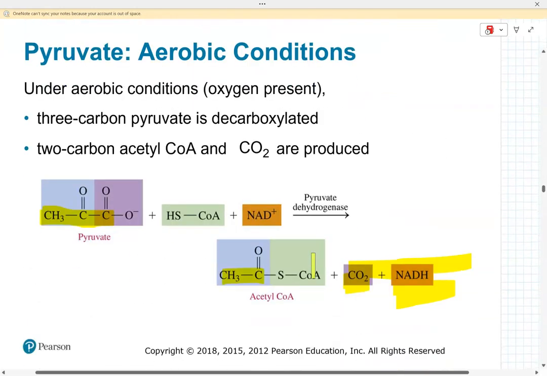Hang on. How many acetyl-CoA molecules are produced from 1 pyruvate? 1. 1 pyruvate on the left, 1 acetyl-CoA on the right. You see that? How many pyruvates were generated in glycolysis? I just asked you that. 2.